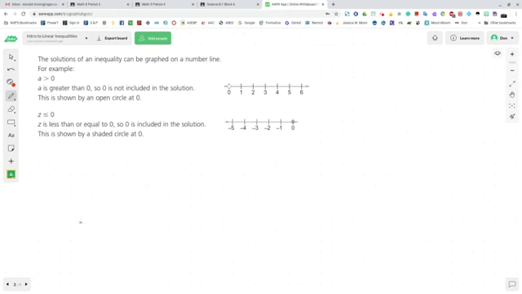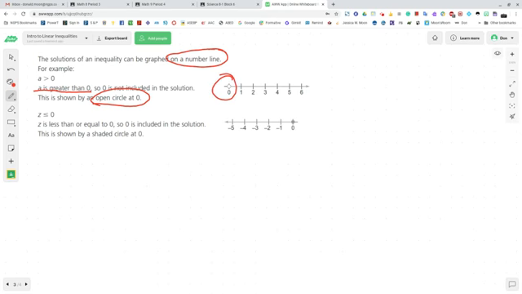Moving right along. So the solutions of any inequality can be graphed on a number line. Number lines are going to be our friends. We have A is greater than 0. So 0 is not included in the solution. So how we represent this when it is not included is by this open circle right here.